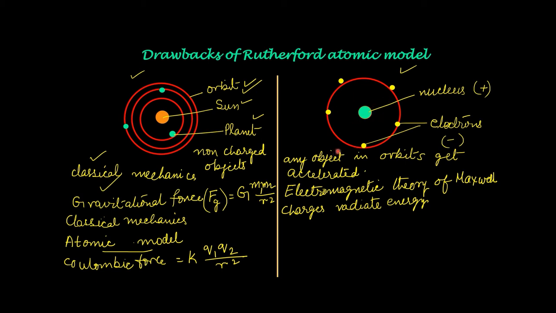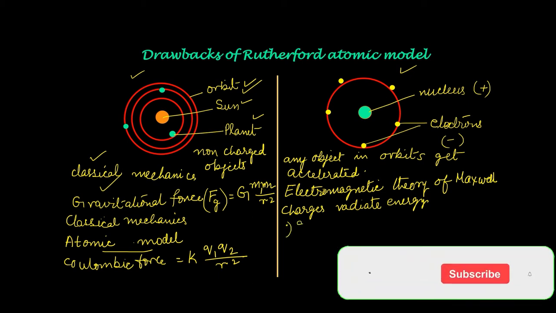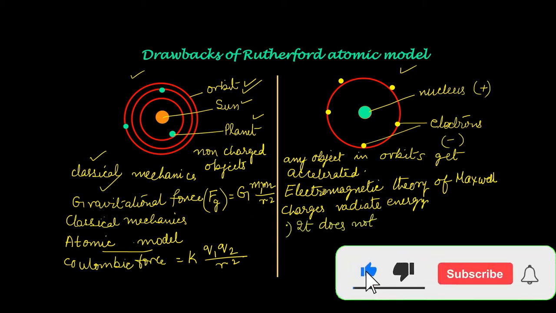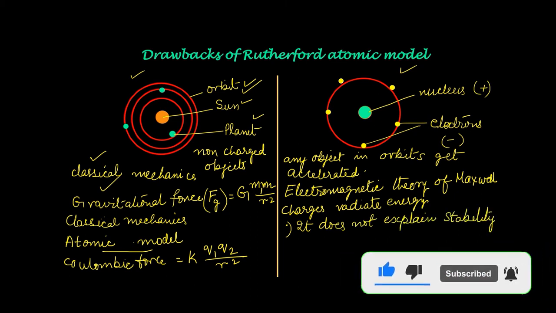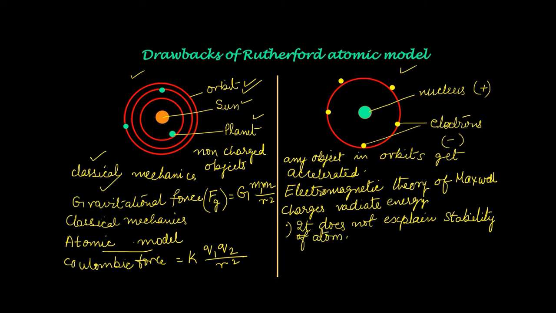In such a condition, the atom will become unstable. But what is our observation? Atoms are stable. So one drawback of Rutherford's atomic model is that it does not explain the stability of the atom. That is, when principles of classical mechanics and Maxwell's electromagnetic theory are applied, this atomic model could not explain the stability of atoms.